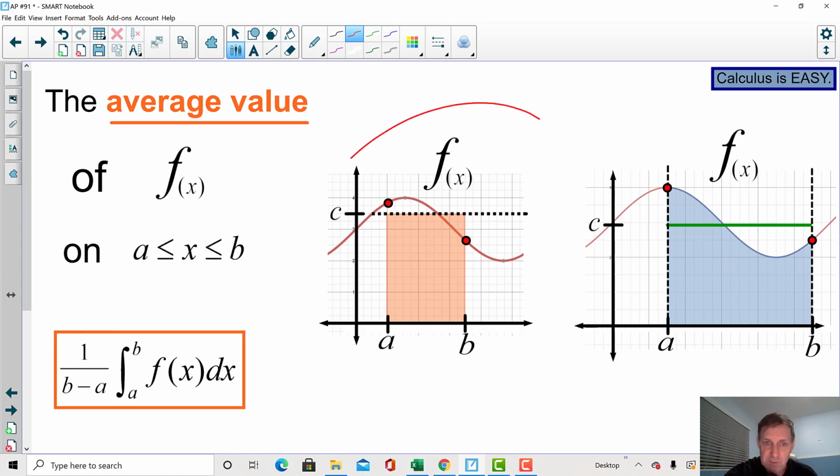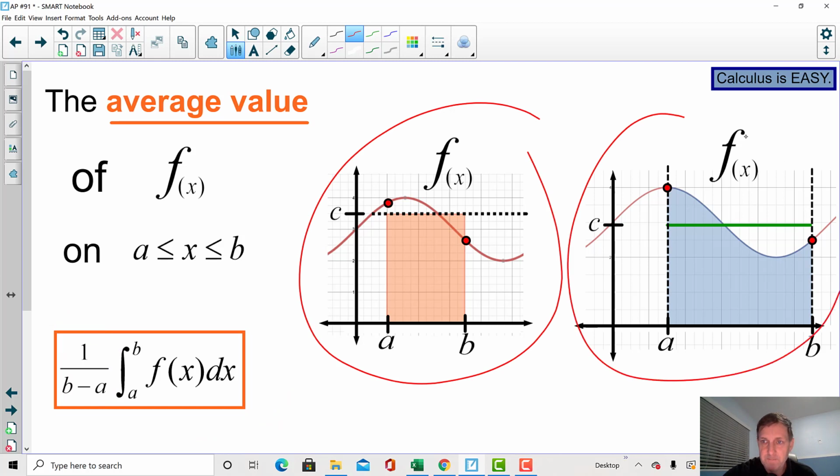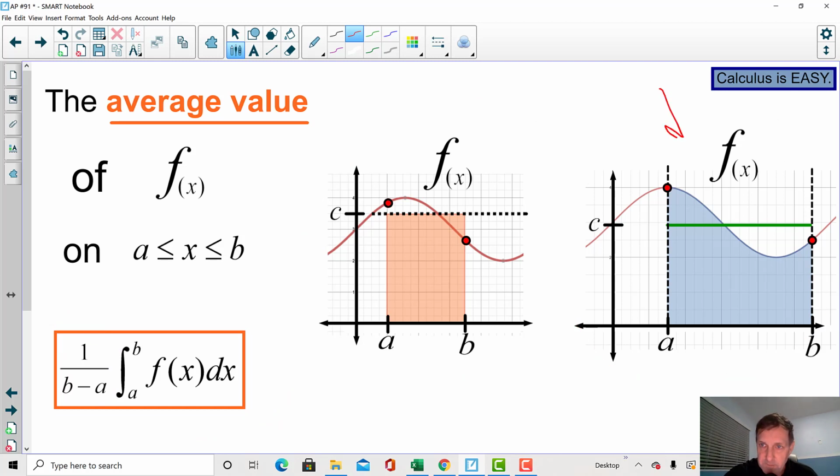And I have a couple pictures over here to kind of show you what's going on. Let's look at this blue one first. You can see this blue region is almost like water. And if this water was to settle, what height would it land on? And that is your average value. So this green bar here is kind of like my example of where the water would settle.